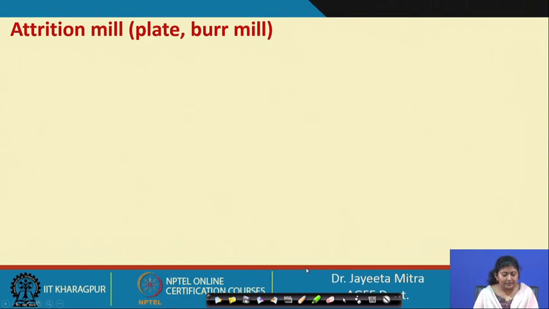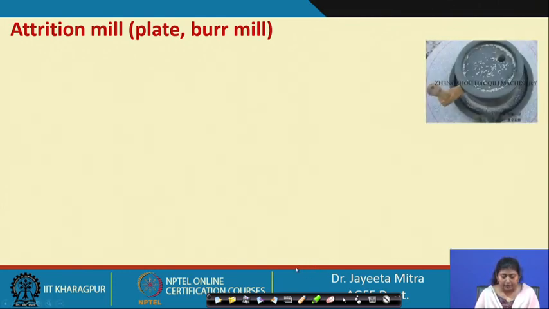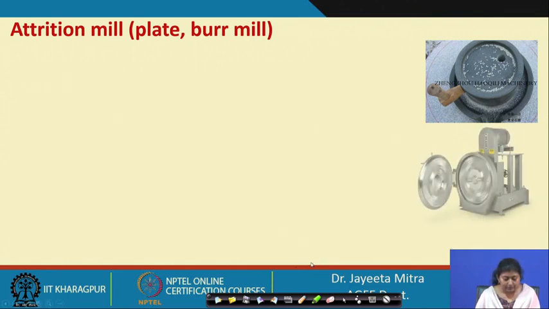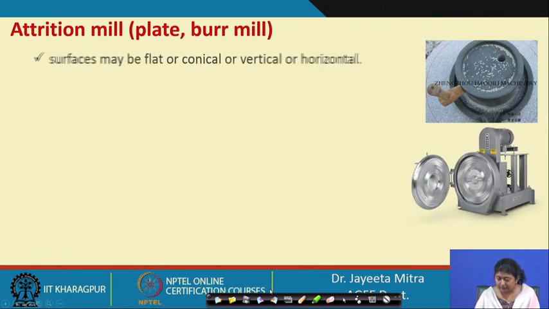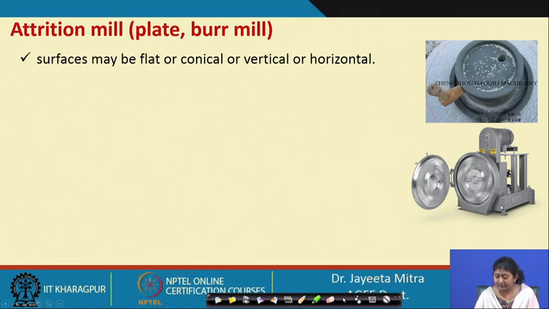In the last class we have discussed up to the ball mill, and today we will discuss the attrition mill, which is also called the plate mill or bar mill. It may be horizontal or vertical, and the surfaces may be flat or conical.